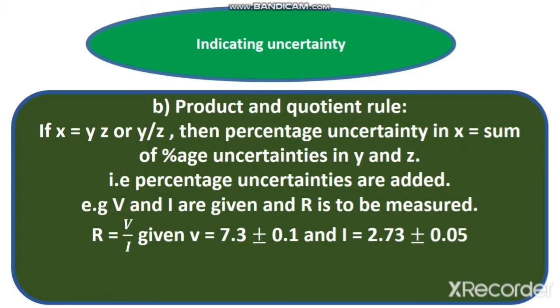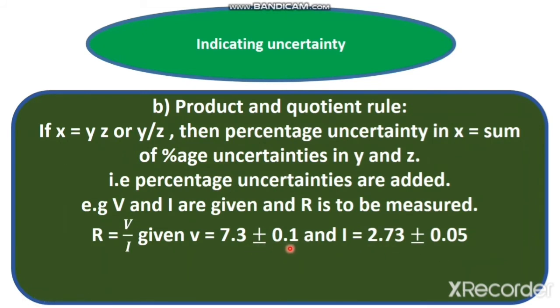For example, we are given the value of voltage and current, that is V and I, and R is to be measured, and we are asked to indicate the final uncertainty in the value of R, and we are given the uncertainties in the value of V and I. As we know that R is equal to V divided by I, where V and I are given as V is equal to 7.3 plus minus 0.1 and I is equal to 2.73 plus minus 0.05.